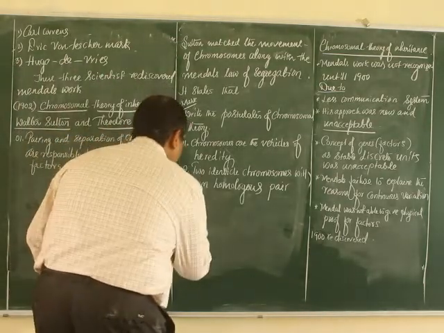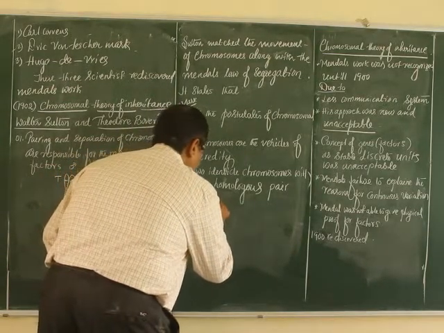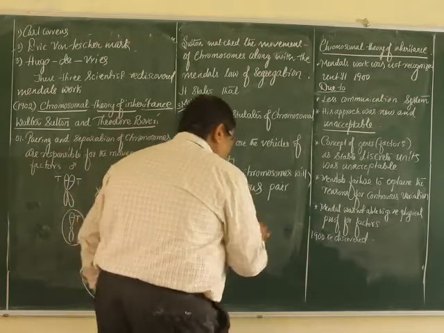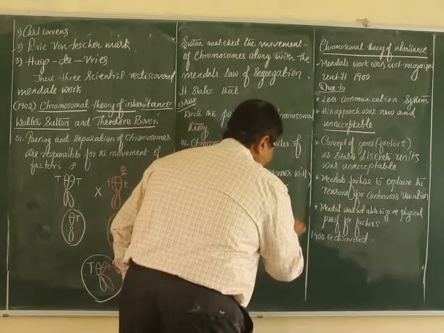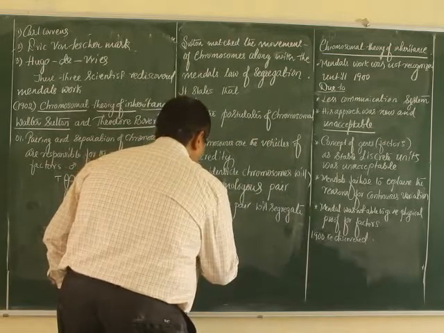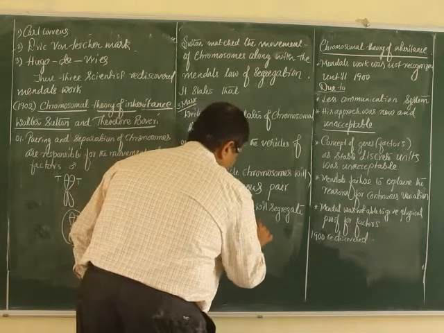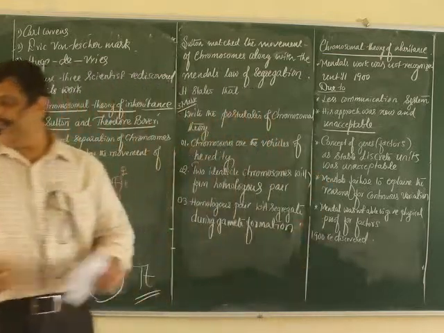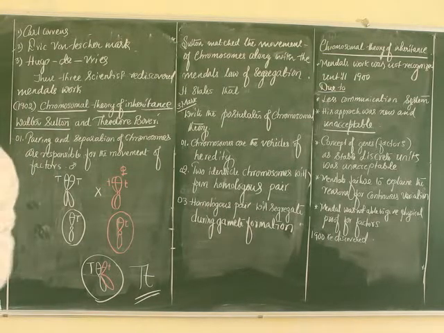Third point is, these homologous pairs will segregate during gamete formation.